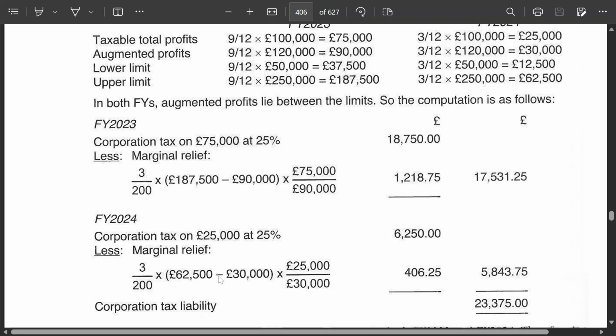So what is the upper limit? This one. What is the AP? This one. What is the TTP? Here. What is the AP? 30K. You do all this, you get 406. That means that the net tax liability is this. So the total tax liability for this company for the year to June 2024 is 23.4 roughly.